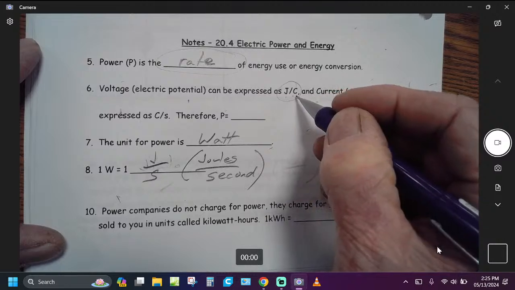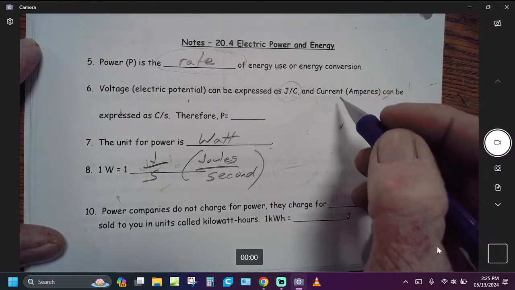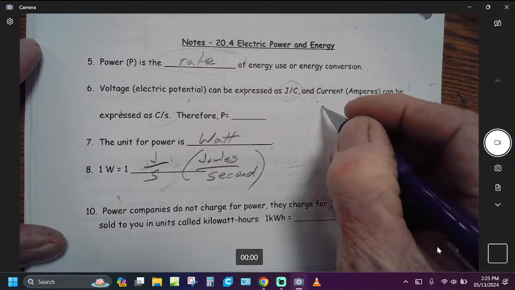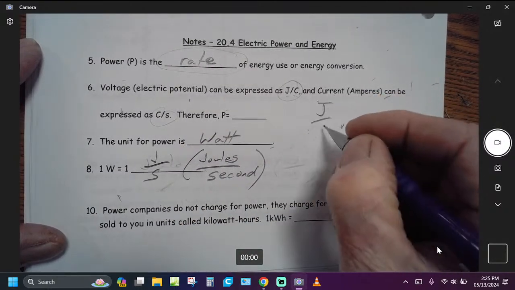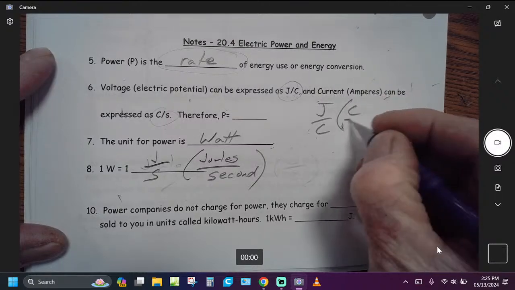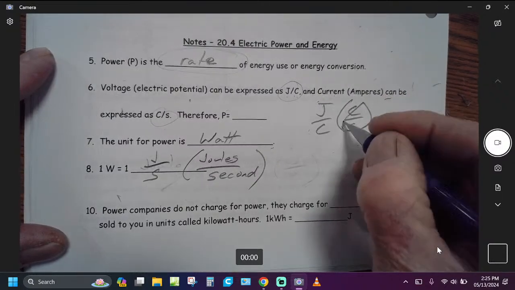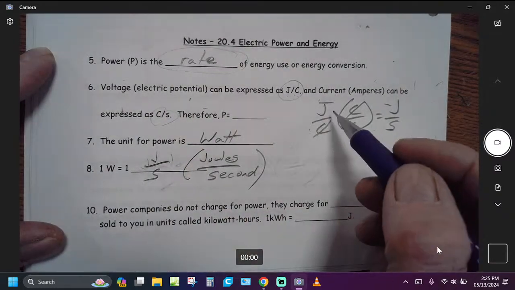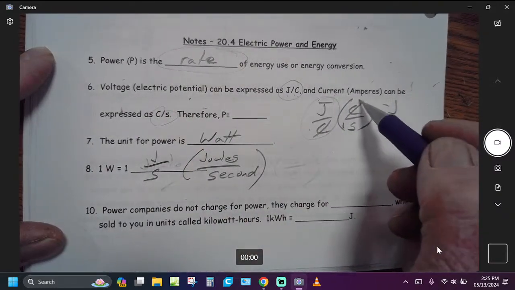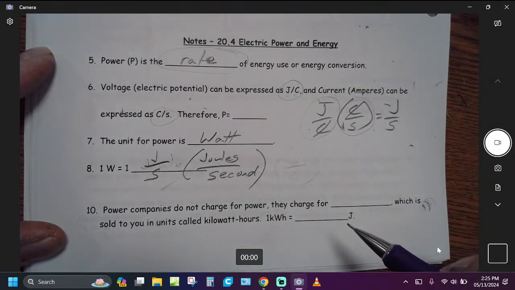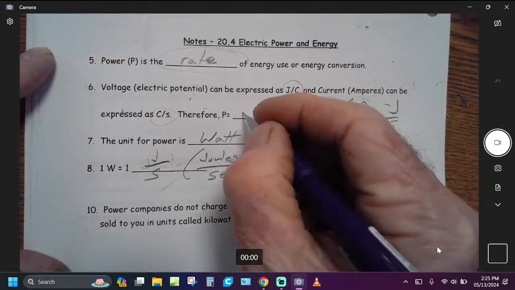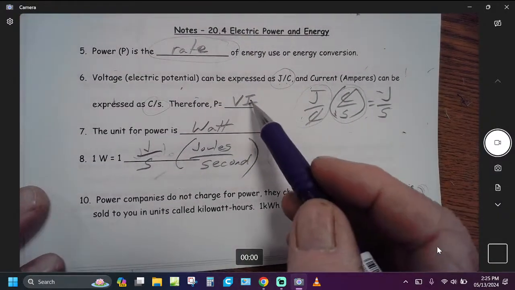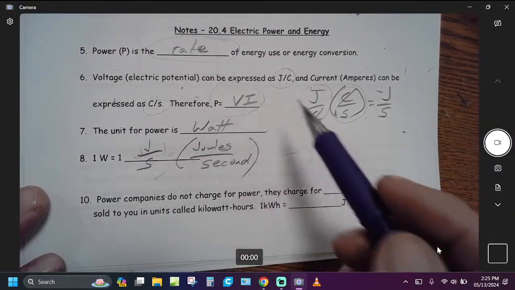That's the potential energy per unit of charge. And current is coulombs per second. If you take joules per coulomb and multiply it by coulombs per second, then you get joules per second. So power is volts times amps, or voltage times current.